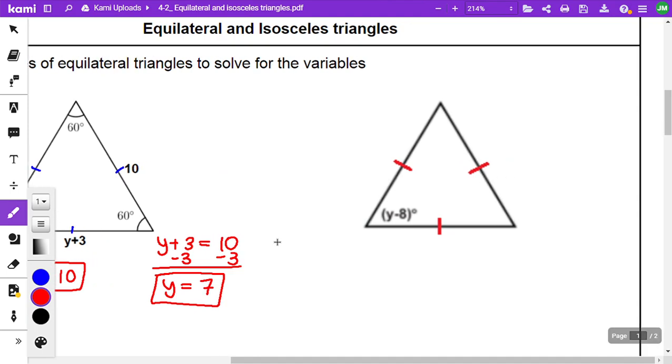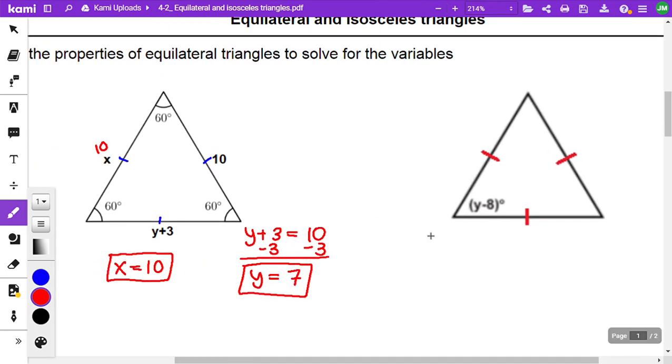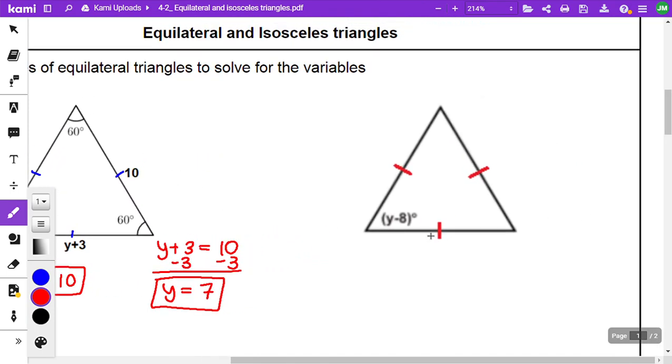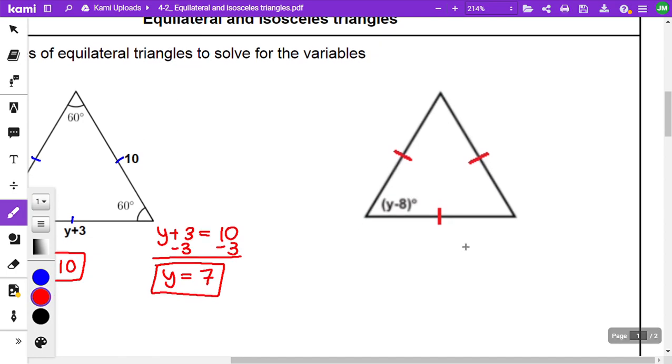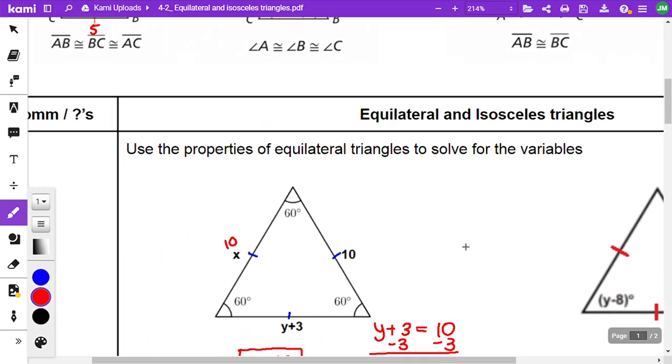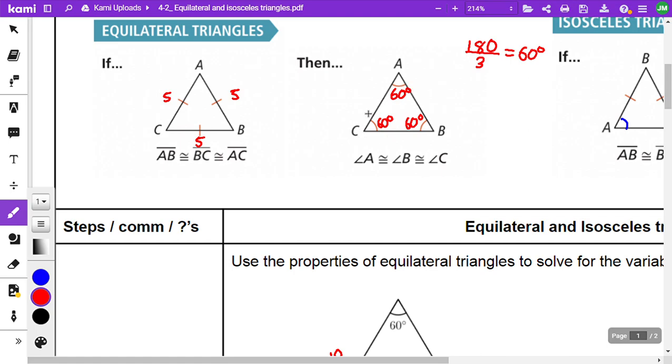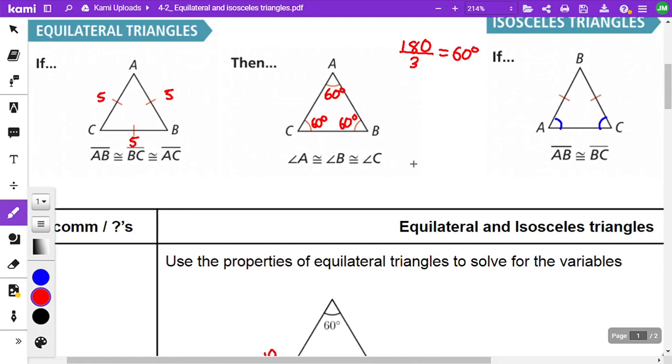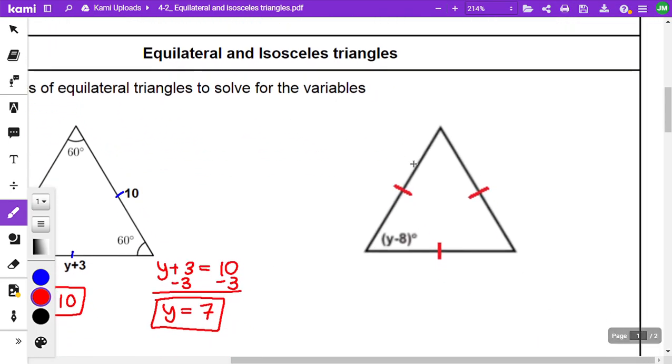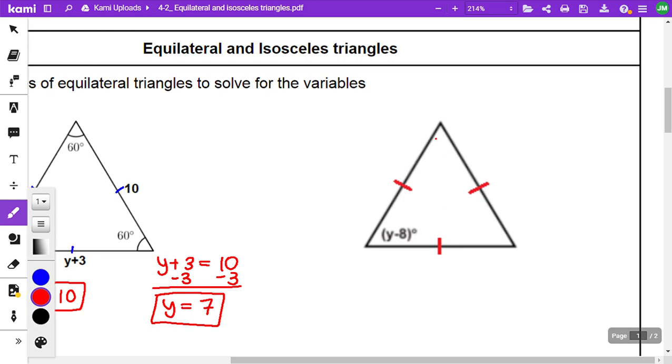Now, if we apply this to angles, it'll be slightly different. Remember that what we set up here is all the interior angles should be congruent, and they should all be equal to 60. So this is equal to 60, this is equal to 60, and this one should be equal to 60.